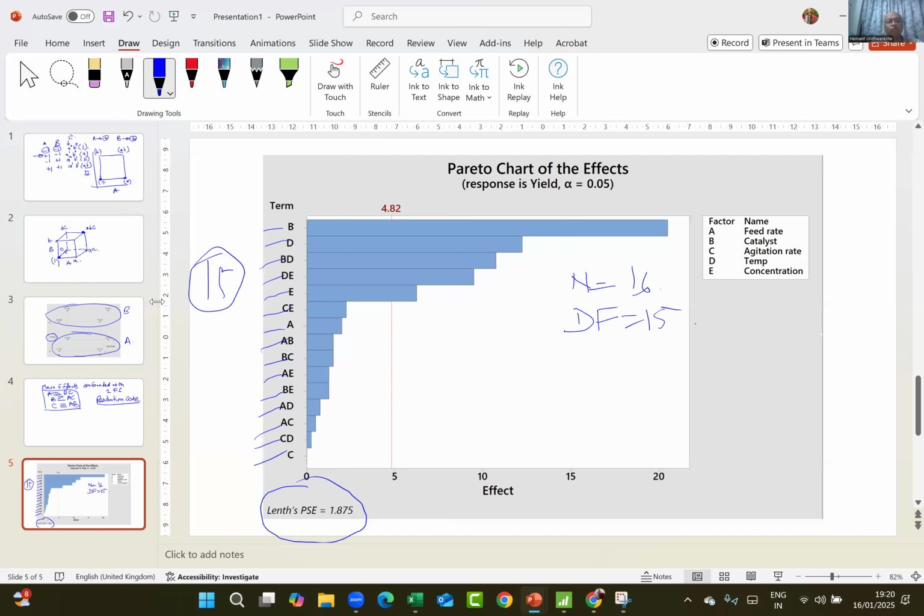Each effect requires 1 degree of freedom because there are two levels. So the error degrees of freedom will be 0 because all are consumed. That's why it uses an alternate method of calculating the standard deviation and makes this Pareto chart.